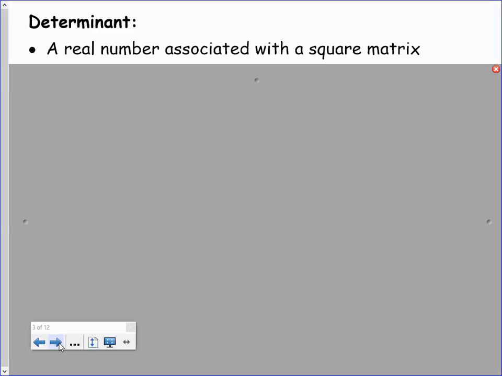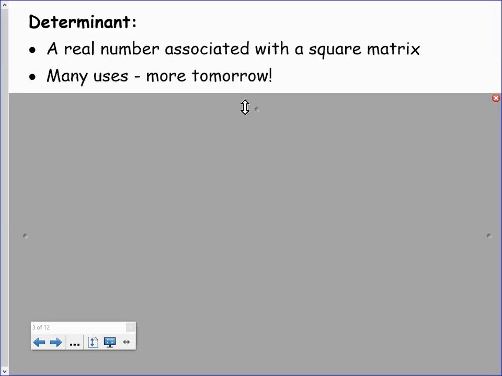We will work on 2 by 2 and 3 by 3, and we'll be able to calculate the 3 by 3 matrix without a calculator. Unlike the inverse, where we did not do a 3 by 3 without a calculator. So the key piece here is it is just a number. It is not another matrix. The determinant is just a number.